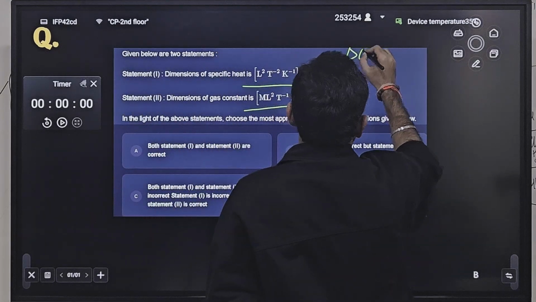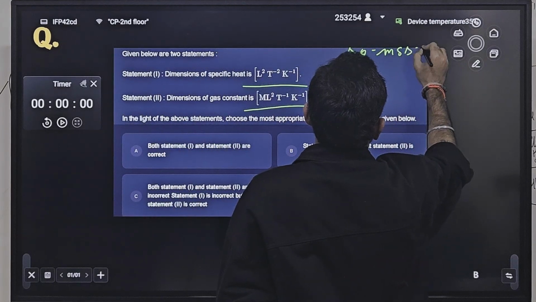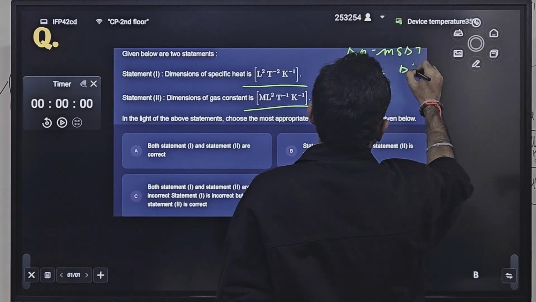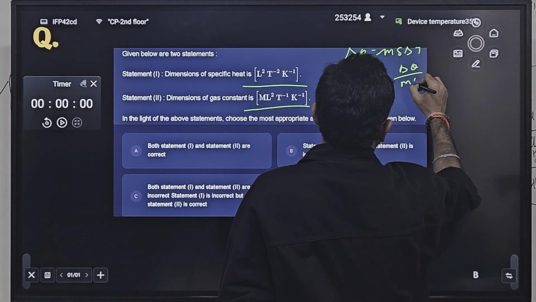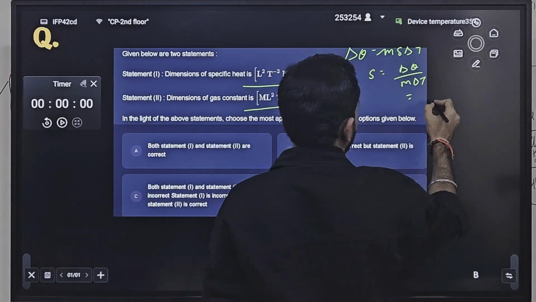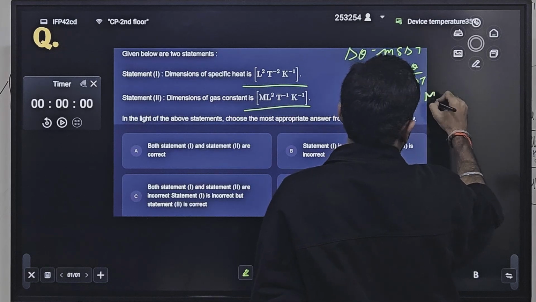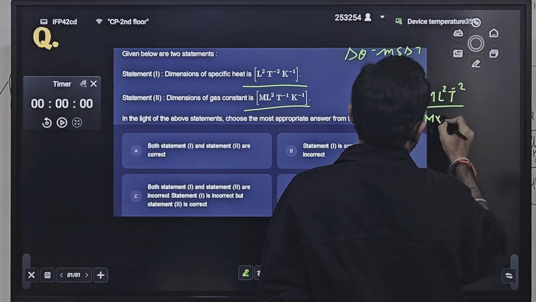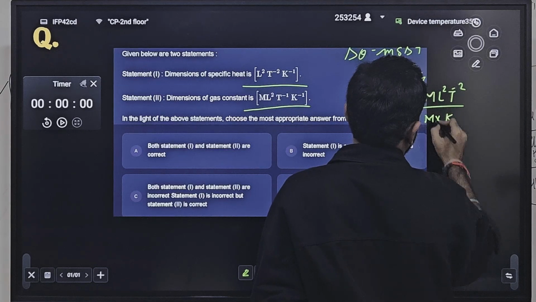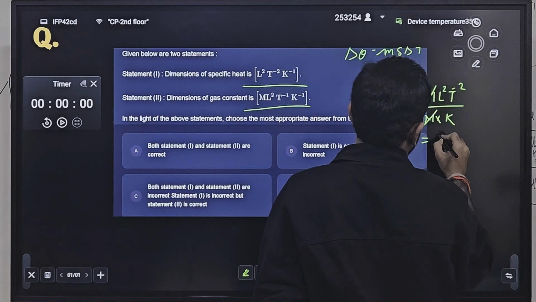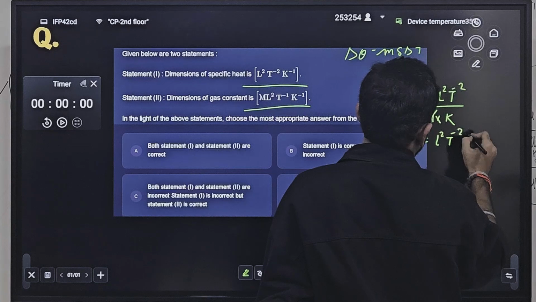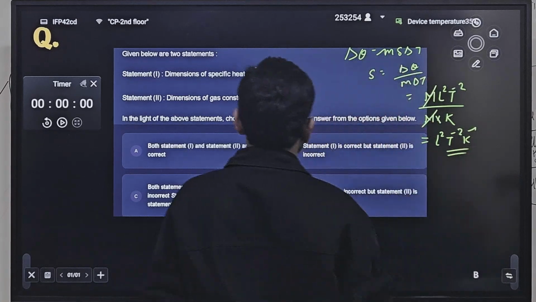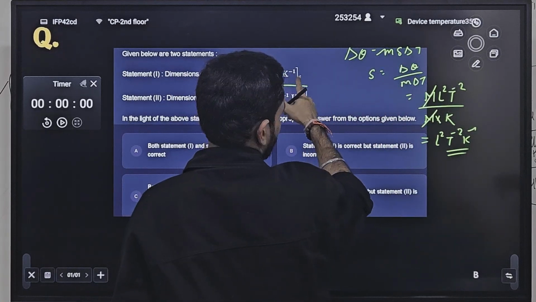If you know the relation ΔQ is equal to m s ΔT, then specific heat is equal to ΔQ divided by m ΔT. What can you write for ΔQ? Heat is ML²T⁻², divided by m into temperature, which can also be written as Kelvin. The m will get cancelled. The dimension is L²T⁻²K⁻¹.